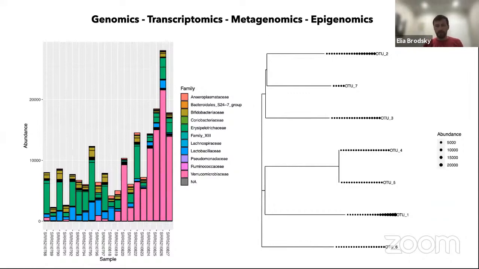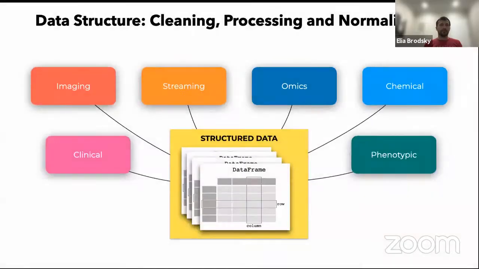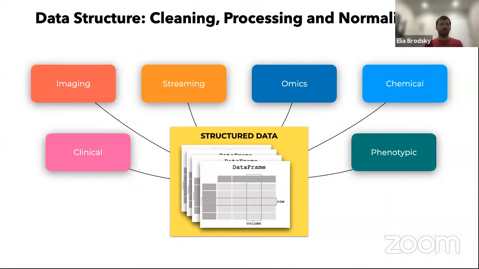So because of that, we are really looking at this collection of different types of data that could include imaging, clinical data, chemical data, phenotypic data, and all of this data has to go through this process of preparation and organization into structured formats, which typically in the context of data science is going to become some form of a data frame.